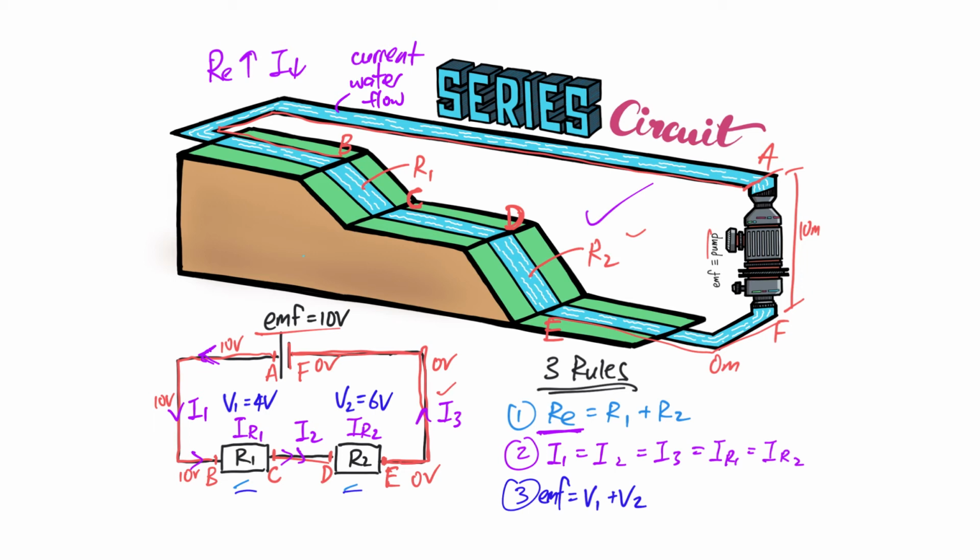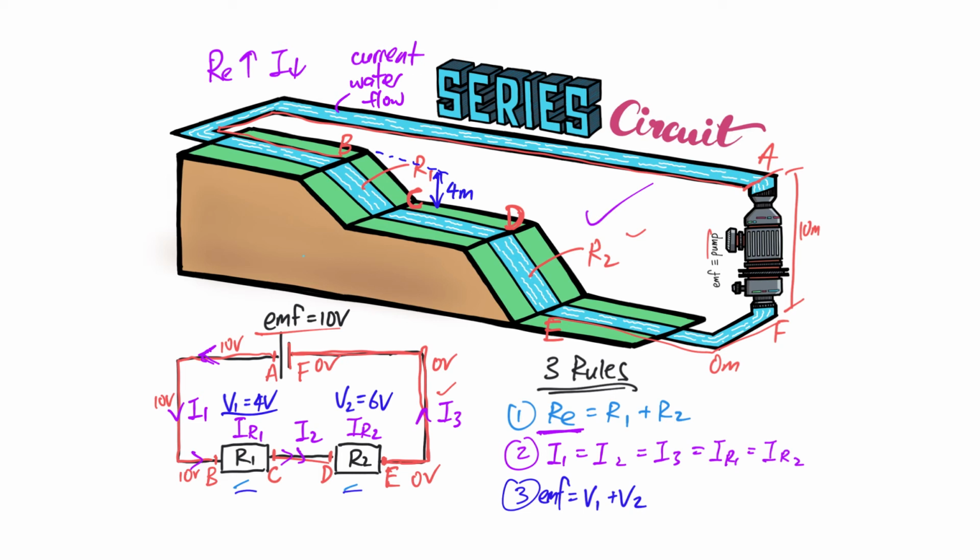Now, let's relate to the river system. Previously, when the current flows through R1, there's a potential difference of 4 volt. In the river system, that means a height difference of 4 meters. So as it passes through R1, there will be a drop in voltage of 4 volt, or in other words 4 meters.